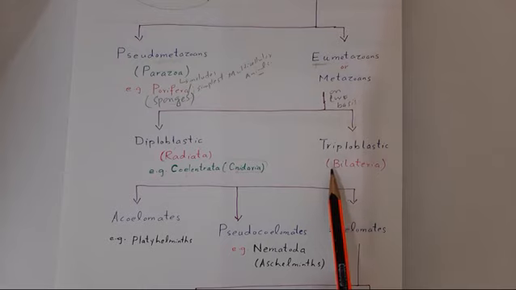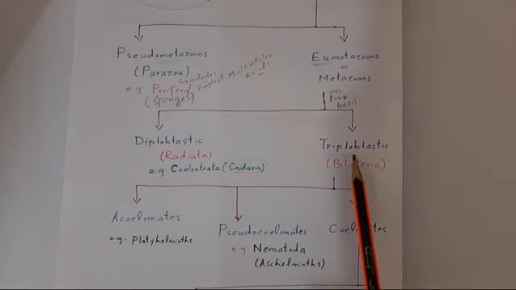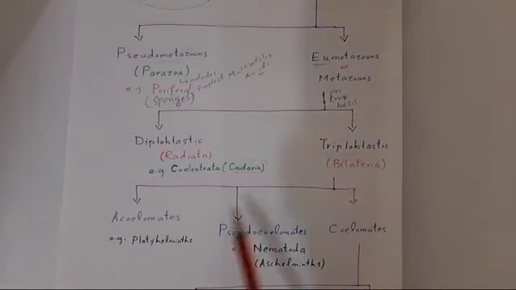They are further divided into three groups on the basis of the type of body cavity, which is also called coelom. The body cavity is also called coelom. So on the basis of type of body cavity or coelom, the triploblastic animals are further divided into three groups.